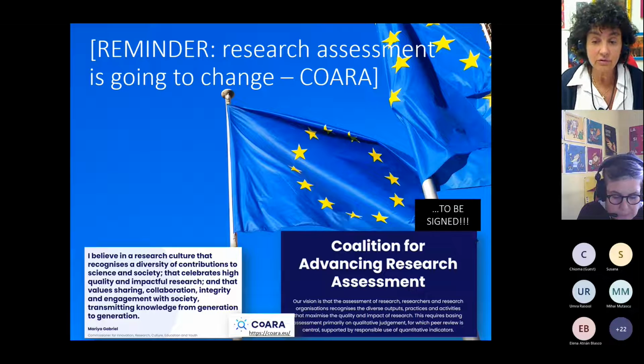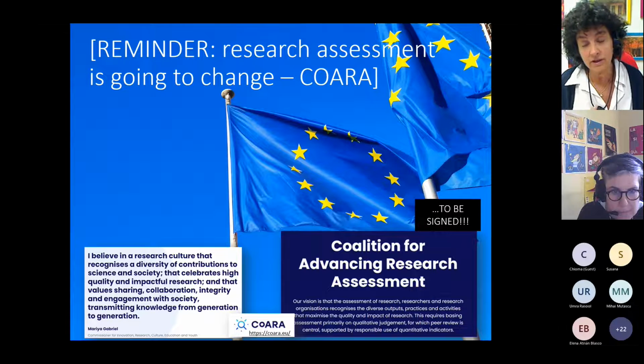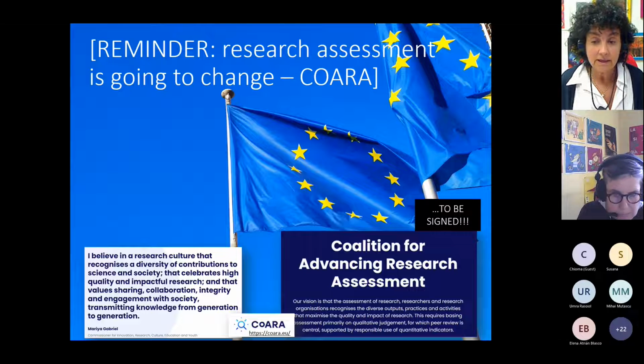They are working to change the research assessment criteria, rewarding collaboration, no longer using not only impact factor, but also journal ranking, because it's the same logic. COARA is very operational, meaning that you have 1 year after you sign the agreement to produce a roadmap, to show the Commission how you're going to change your research assessment.